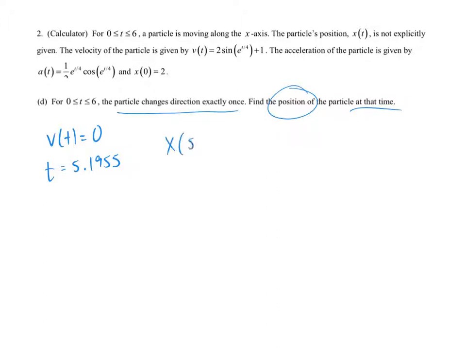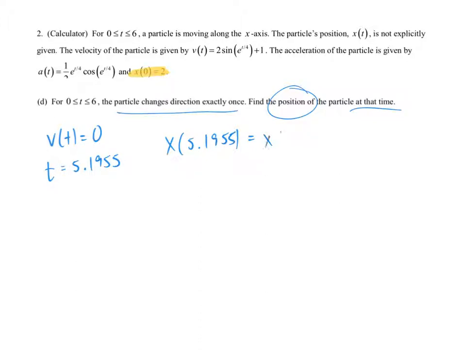Okay, so we are looking for the position at 5.1955. Another way to say that would be x of 5.1955. Okay, this is going to equal to, I have to start from some given initial condition of the position. So if you look back at the header of the problem, we notice that we are given an initial condition of the position. X of 0 is equal to 2.